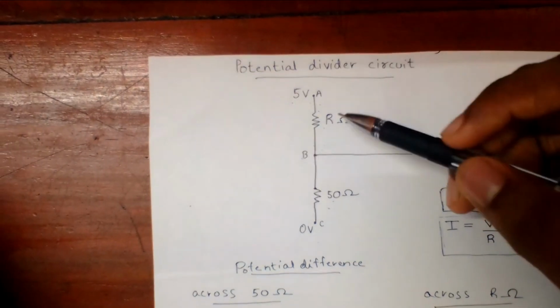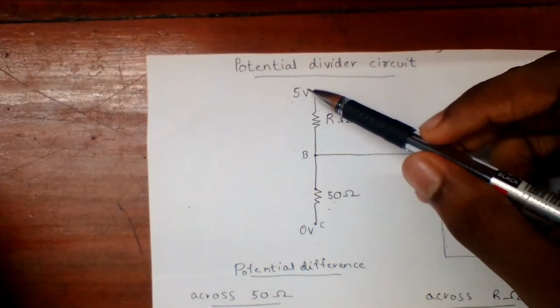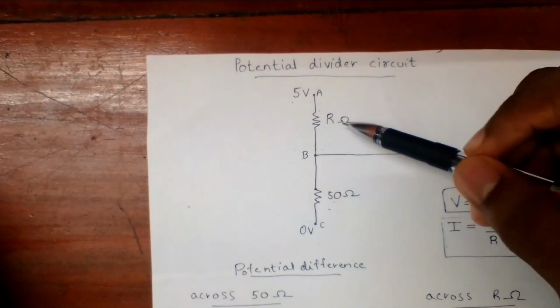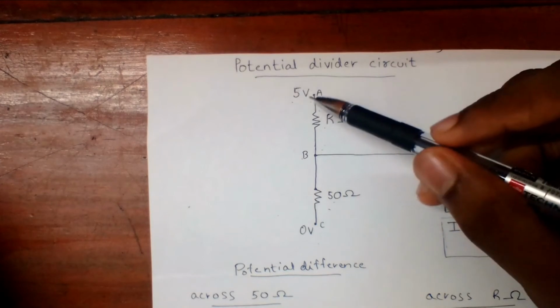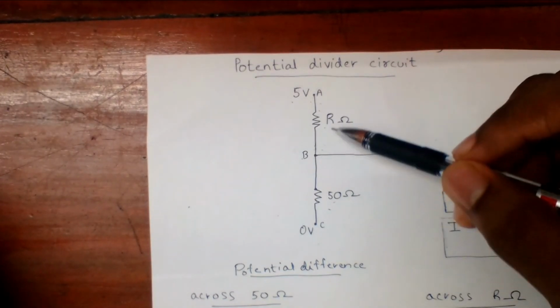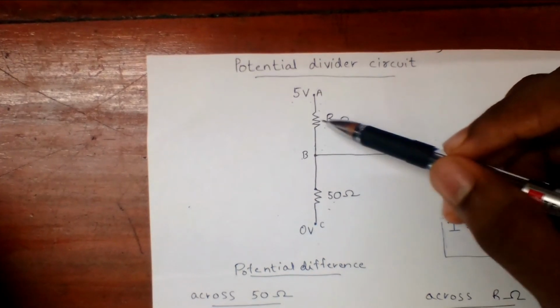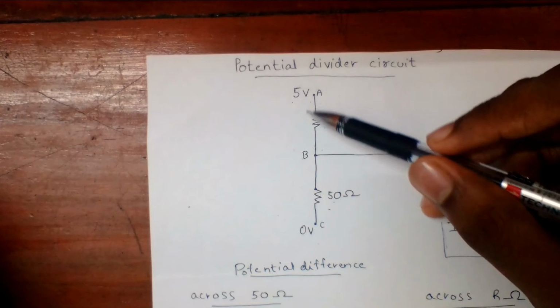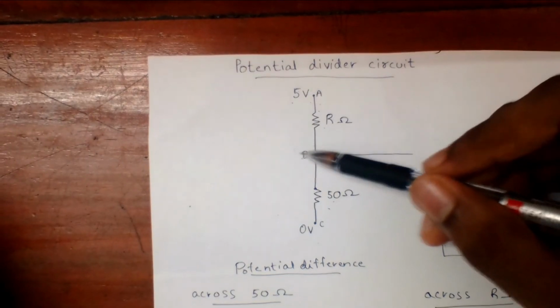So if 5 volt is coming, and if R is very large, then it will eat the entire voltage, and the potential at B will be 0. And if the resistance is very small, then it won't eat much, so most of the potential could pass, and at B also it will be 5 volt itself.